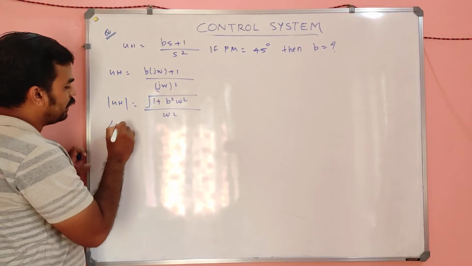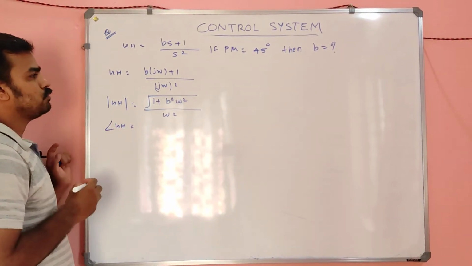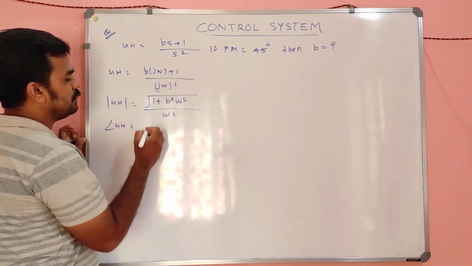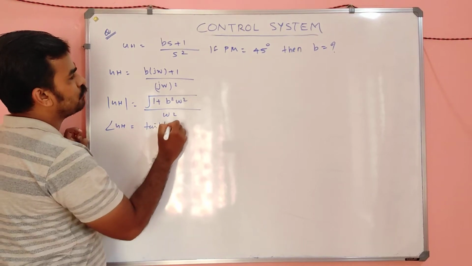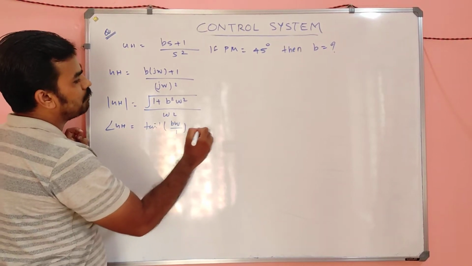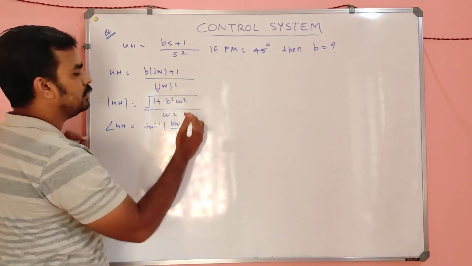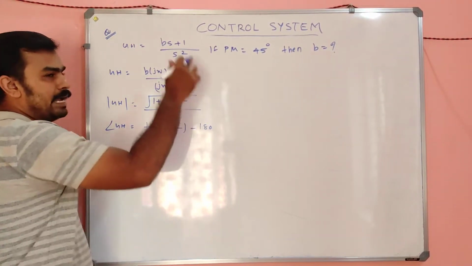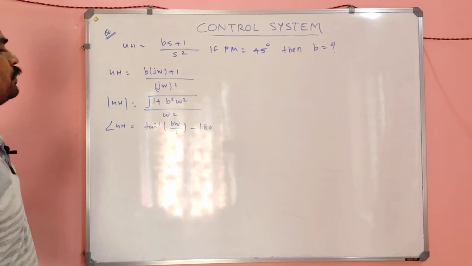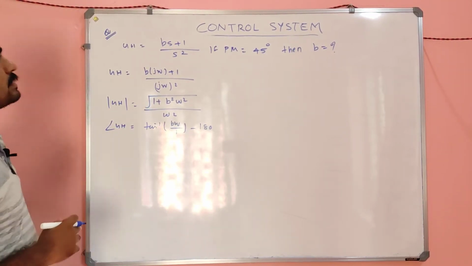And what will be the angle of GH? You can write tan inverse of (B omega) minus the angle of the denominator, minus j omega square. What will be the angle? Easily you can write 90 and 90, minus 180 degree. So this is the magnitude as well as the angle.